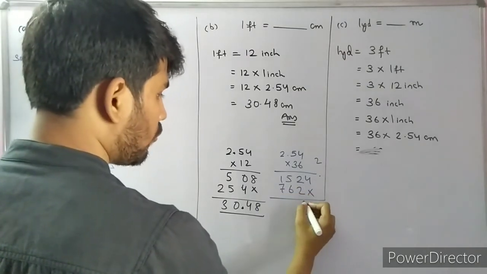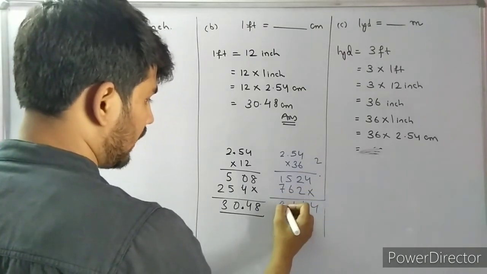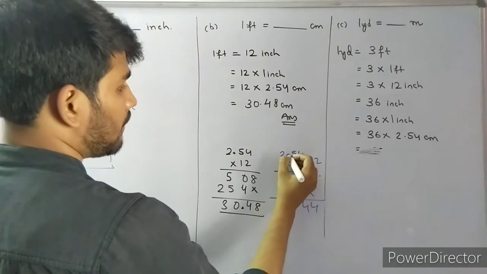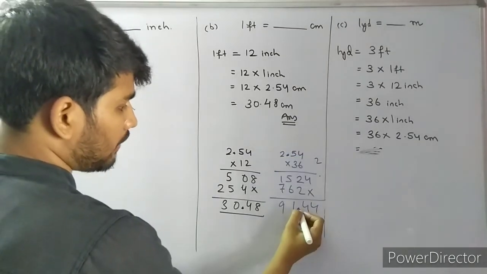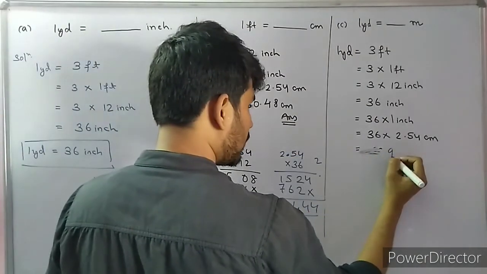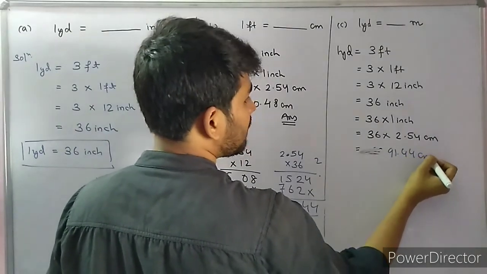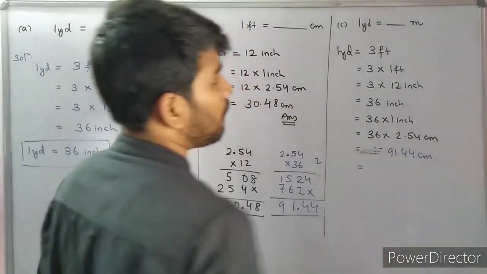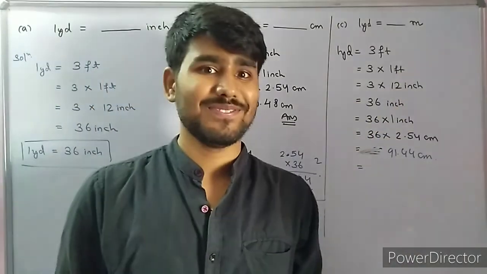Down 4, 4, 1, 9. Yes, now it's correct. We have a decimal place after 2 digits. So the answer will be 91.44 centimeter.